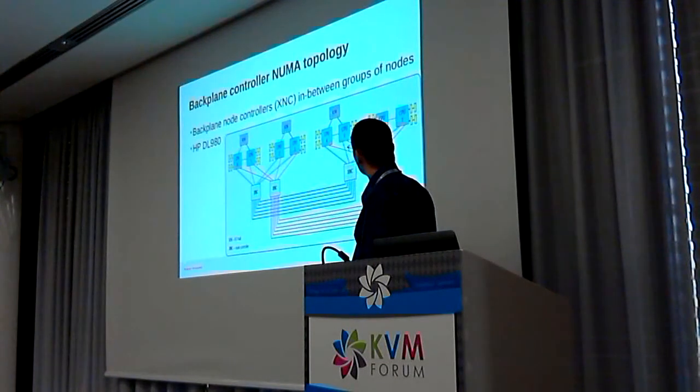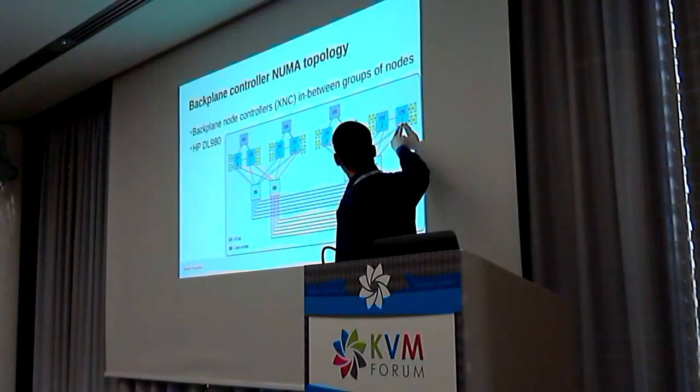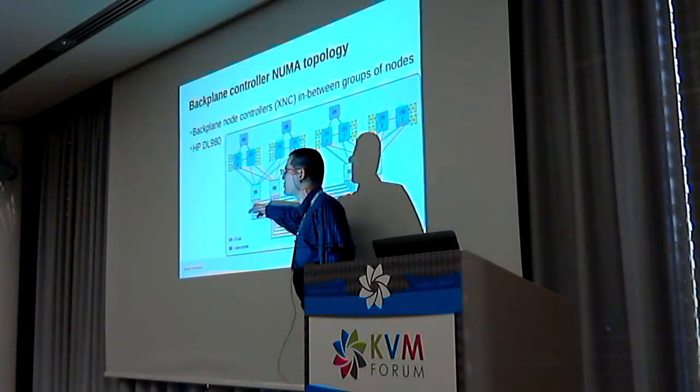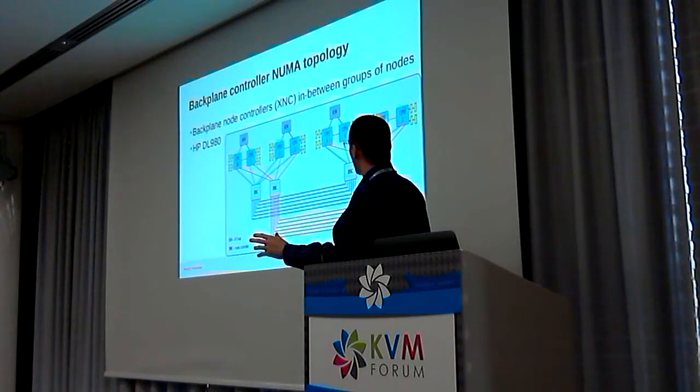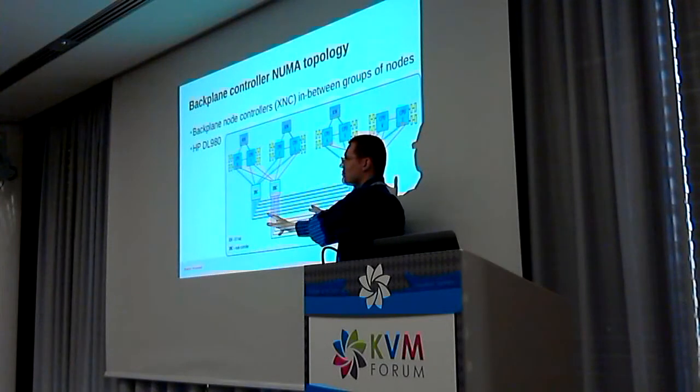At that point, we can add up the score on each of the nodes on each side. So we add up the scores from these 4 nodes, and we add up the scores from those 4 nodes. At that point, the different NUMA groups will win from each other on a particular side of the system.